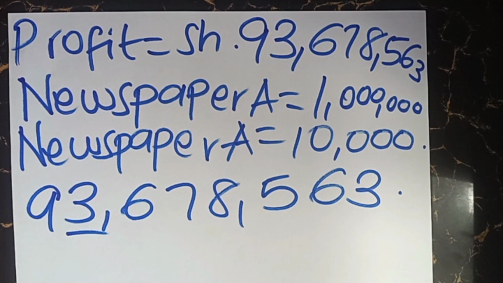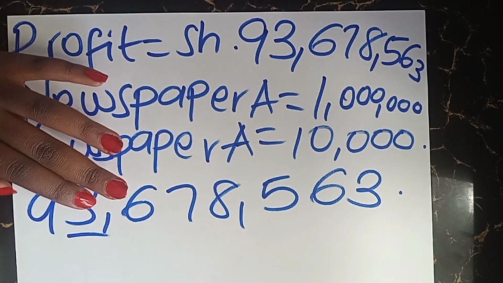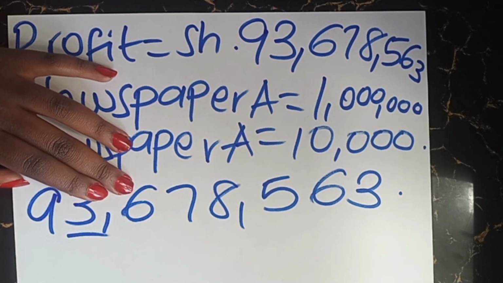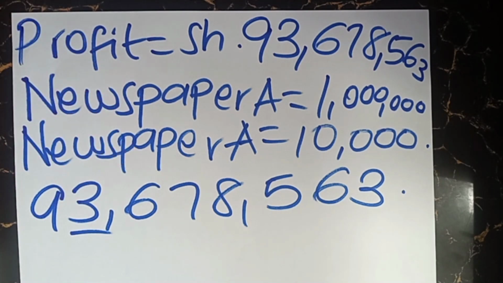So do you round the number up or down? The digit to the right of the most important digit is 6. That digit is what determines whether we should round the number up or down. If it's less than 5, we round the number down.